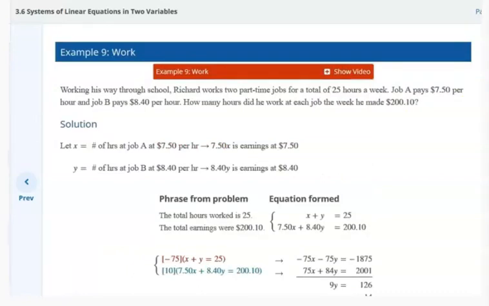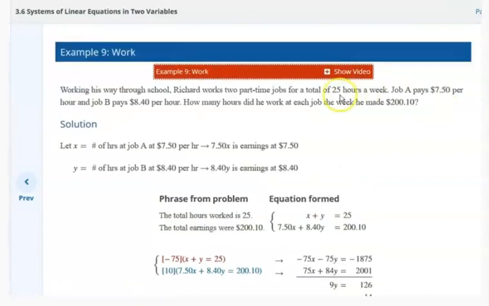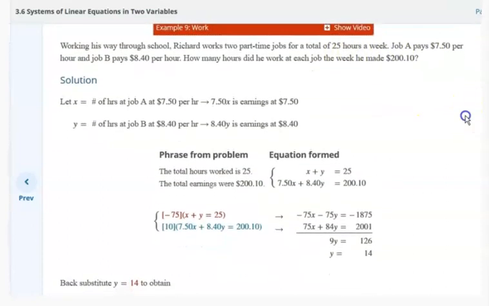Now, for example 9, we're dealing with what is called a work problem. And it's similar to the ones we've done. Again, we need to read it carefully. Working his way through school, 2 part-time jobs.